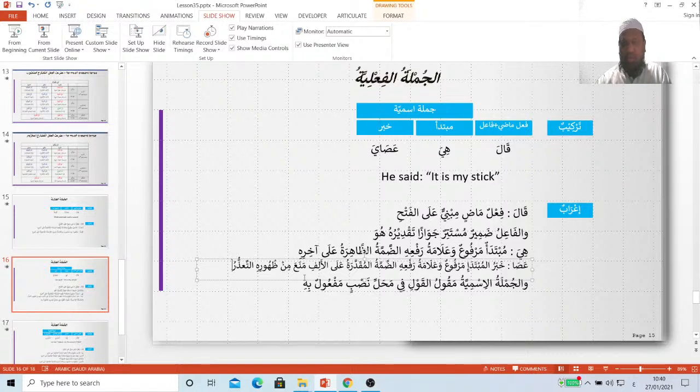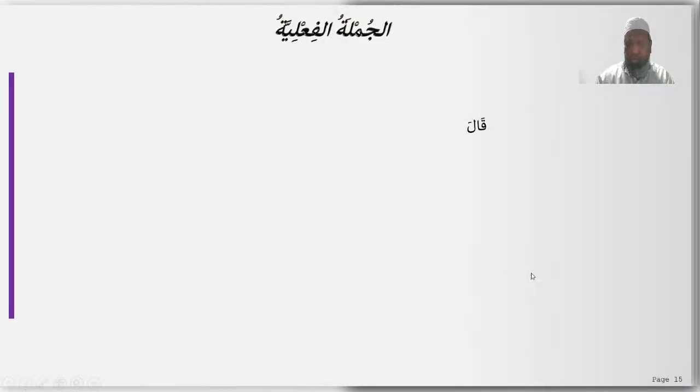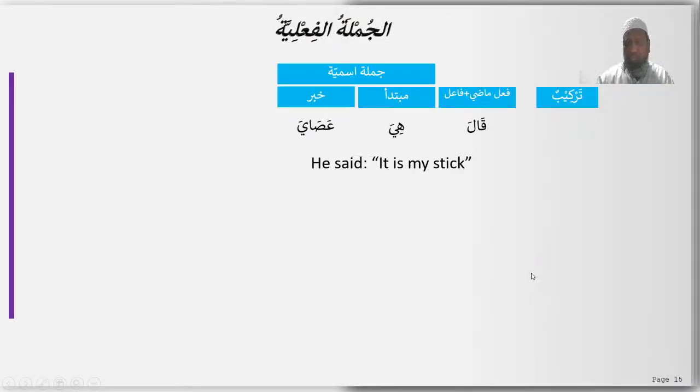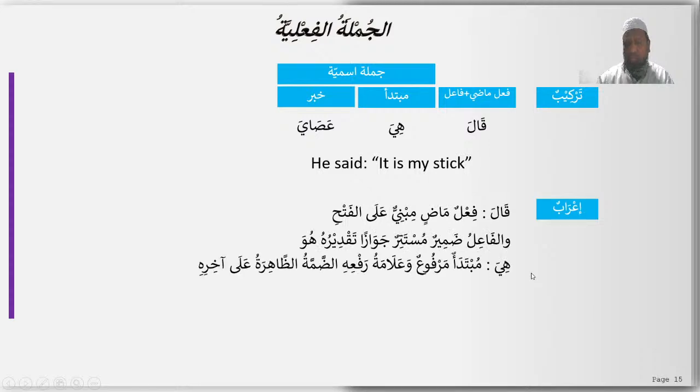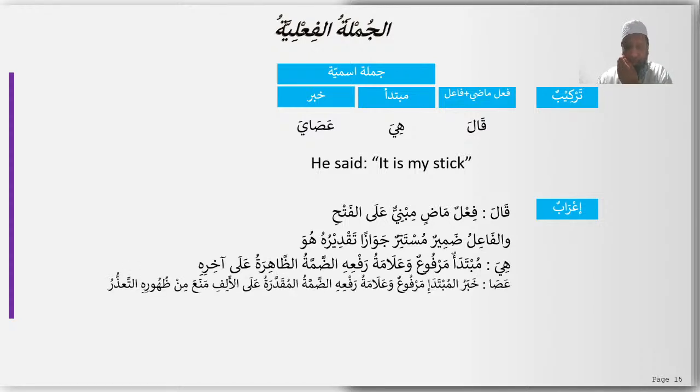Okay, so قال هي عصايا. قال فعل ماض مبني على الفتح والفاعل ضمير مستتر جوازا تقديره هو. Let's see, okay, this slide now. So here مبتدأ مرفوع وعلامة رفع الضمة الظاهرة على آخره. عصى خبر المبتدأ مرفوع وعلامة رفع الضمة المقدرة على الألف منع من ظهوره.